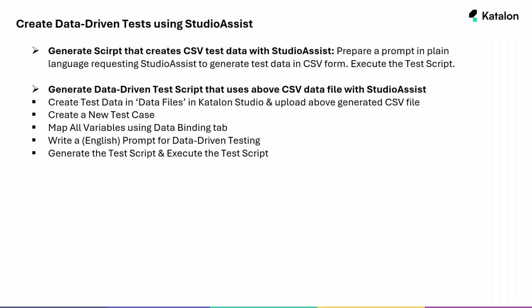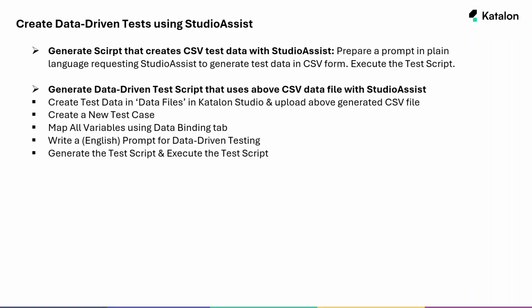And following are the steps that we need to follow. First, you need to create test data in data files in Katalon Studio, and upload the above generated CSV file. Then we need to create a new test case and map all variables using the data binding tab.